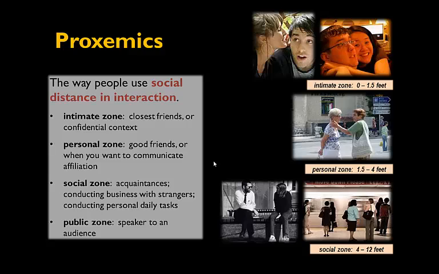And so, again, the way we use the space around us, with people around us, is based on how comfortable we feel with the person. It's based on what our culture is. And if you're people watching, we create perceptions about what people's relationships are based on how close they are standing with each other.